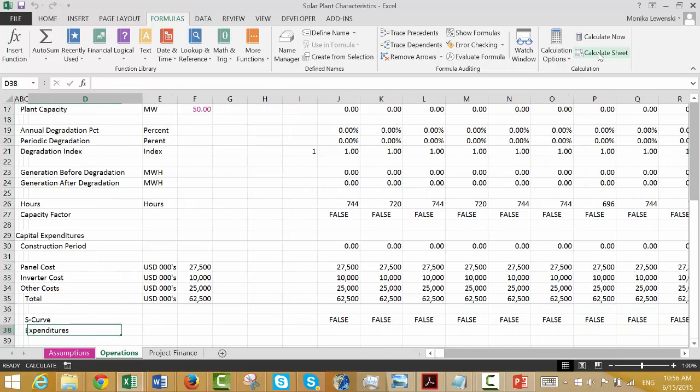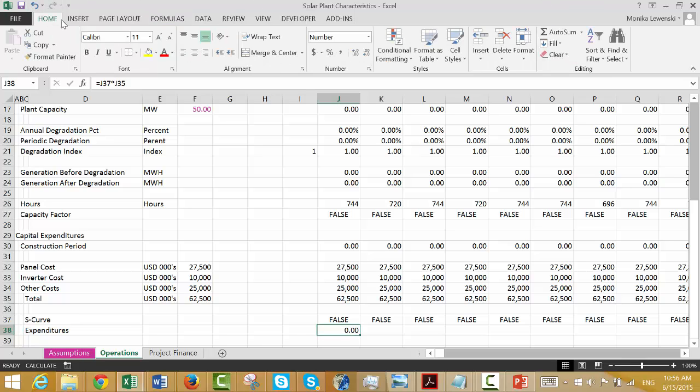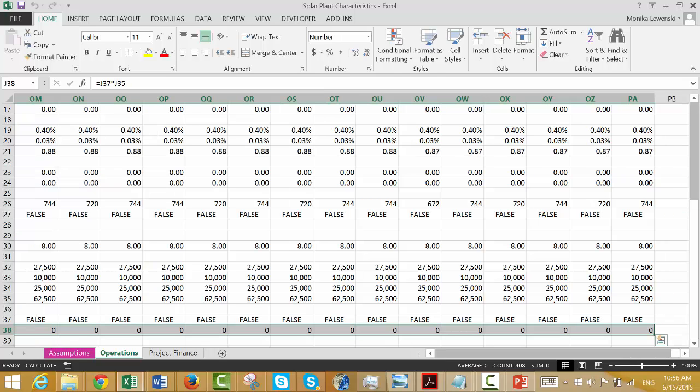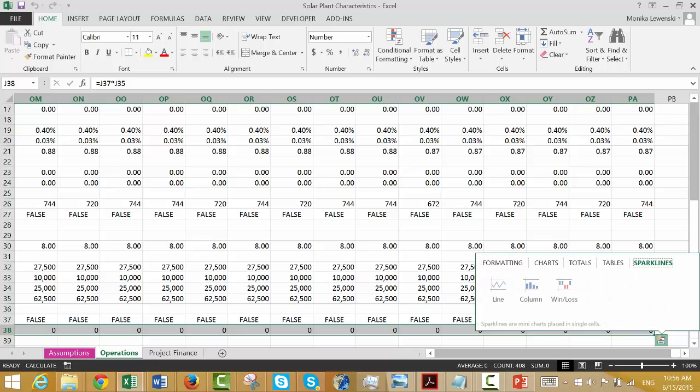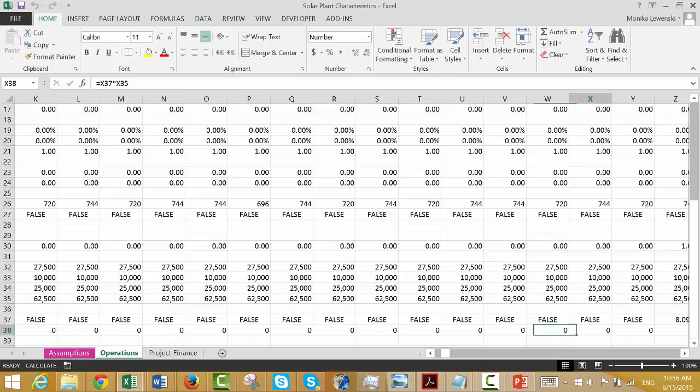And then our total expenditures are simply the S curve times this one, and then we have Shift Control R. Okay, come on, I'm going slowly, excuse me for that.